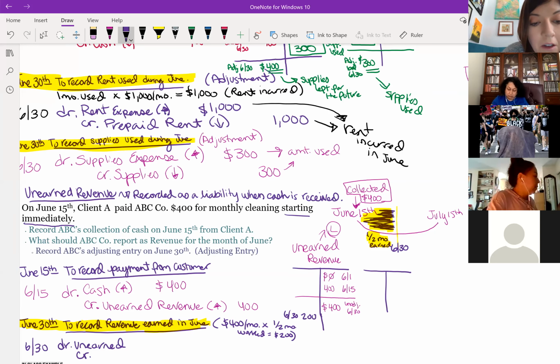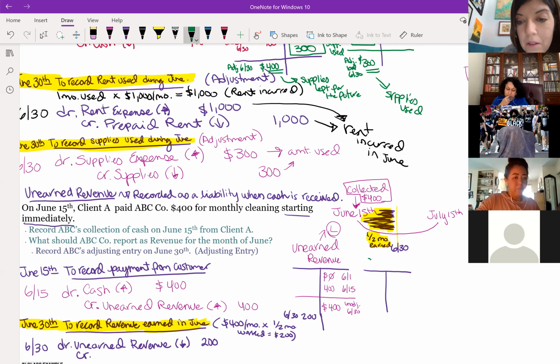So June 30th, unearned revenue is going to decrease by 200, and we're going to credit. What's the account that we're going to credit? Service revenue. Yep. Revenue account.